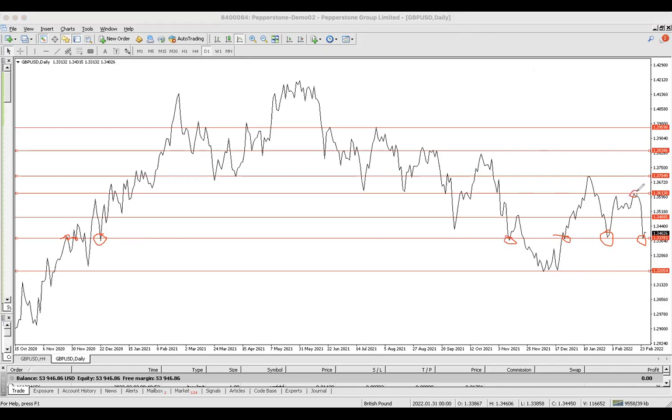Same thing. Let's look at this one here. Even here, when it reached here, it just made a small reaction. Here, same thing. Let's do this one here, same thing.